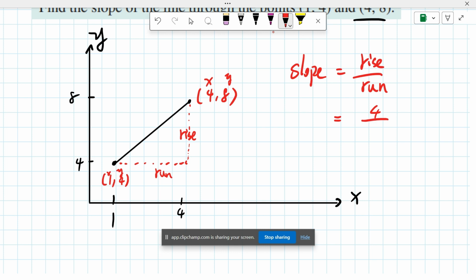It's 4. And what's the unit between 1 and 4? It's 3, right? Hopefully that makes sense to you. So we can say it's 8 minus 4 over 4 minus 1. That equals 4 over 3. So that's the slope. We can change it to a decimal, which is 1.33 recurring. I could just keep going, but that's the meaning from those two points.